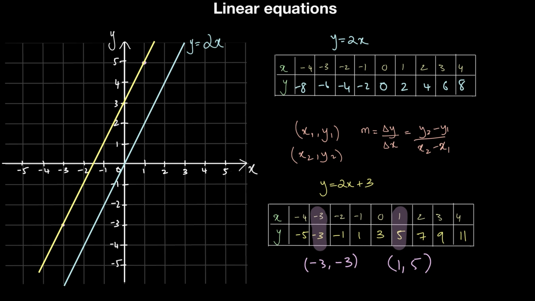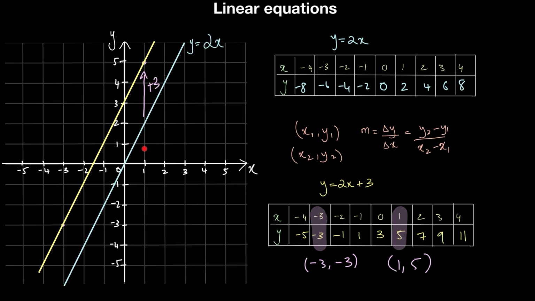However, what I have done is that when x was 0 initially, y was also equal to 0. Now when x is 0, y is 3. When x was 1, y was 2. When x is 1 now, y is 5. So these two graphs both have the same slope. But what I've done is I've simply shifted the graph upwards by 3 units.